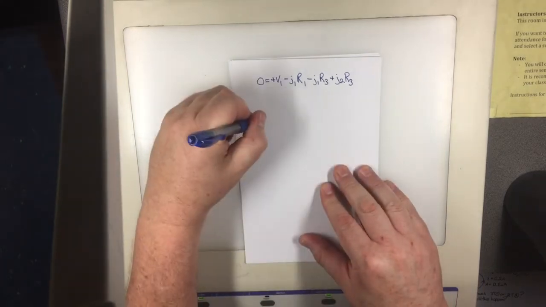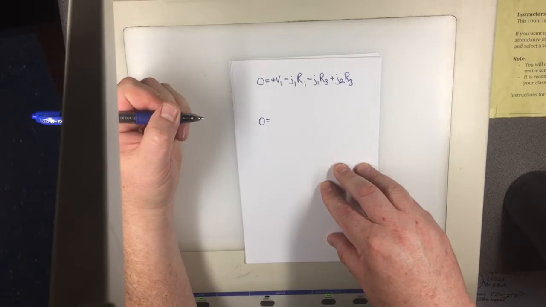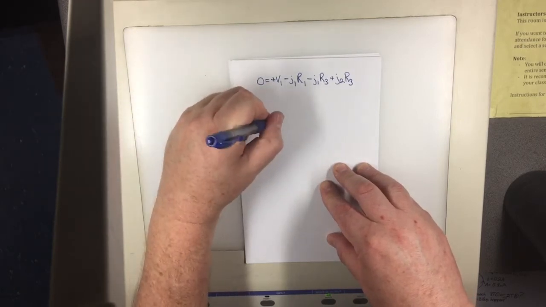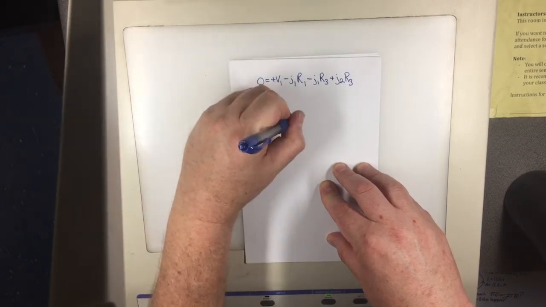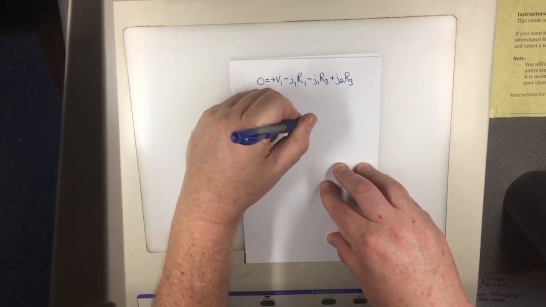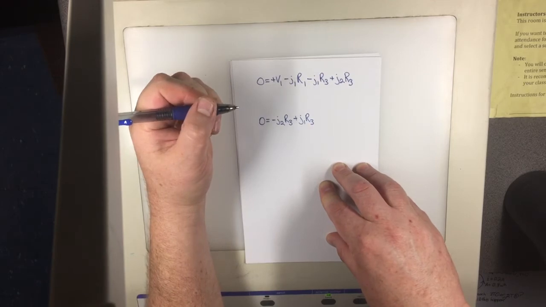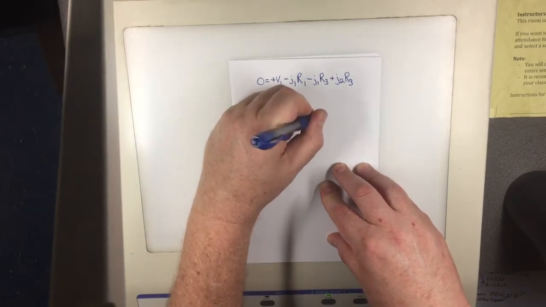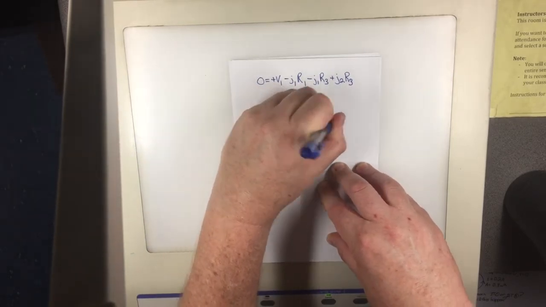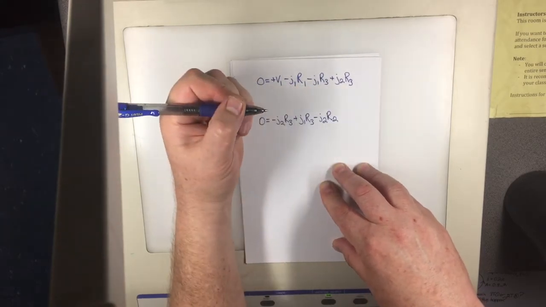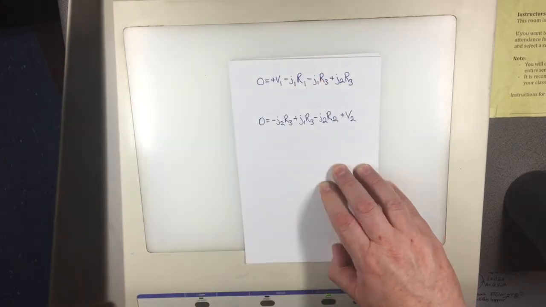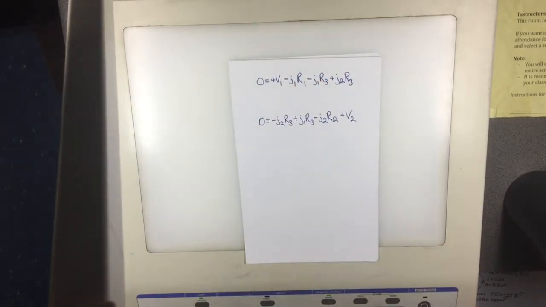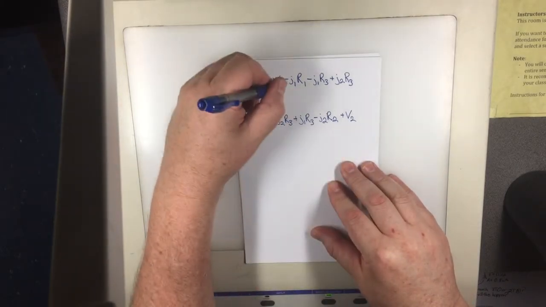The second loop, I go with J2 across R3, but I go against J1 across R3. The second stage, I go with J2 across R2, and I go from negative to positive on V2, so I go positive V2. And so those are the 2 equations. Factor out the J's.